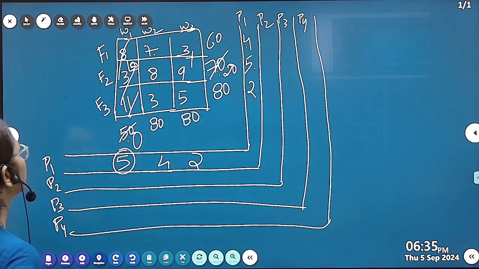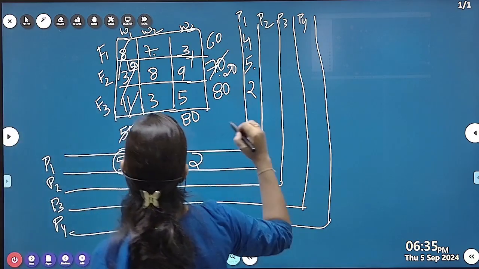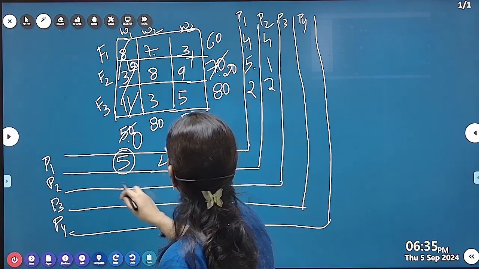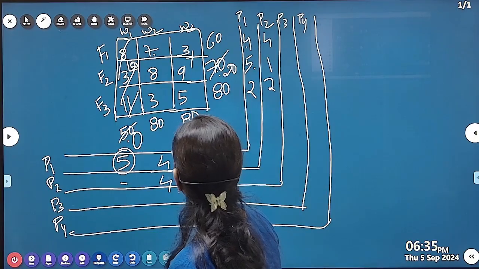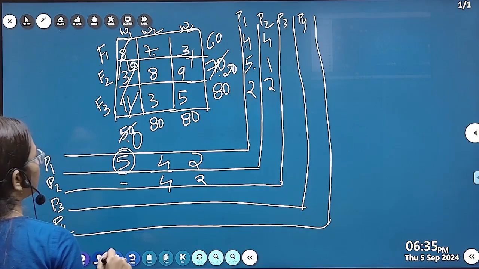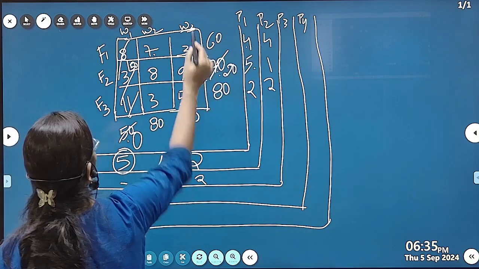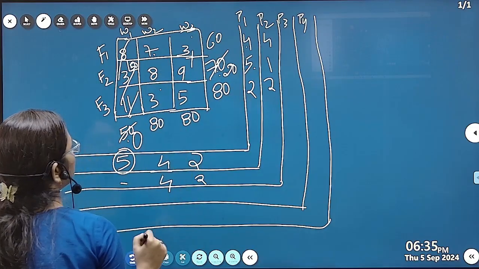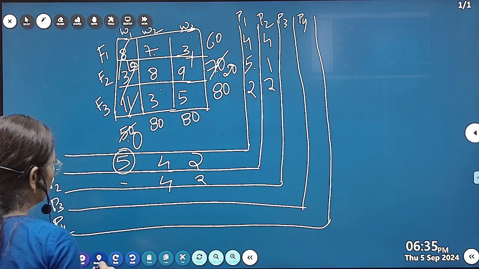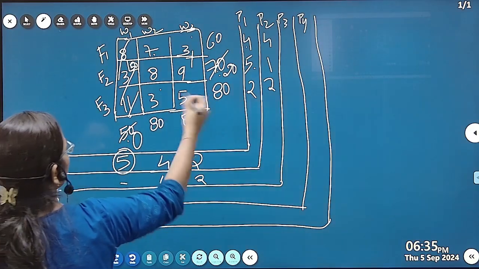Okay. So next 7 minus 3 is 4, 8 minus 1 is 9, 8 minus 9 is 1, 2, here 4 and 2. So which one is the higher number? Here 4 and there 4. So here we are getting this 3, and by seeing this one we are getting this 3. So which one do we need to take? So we will take these 3.